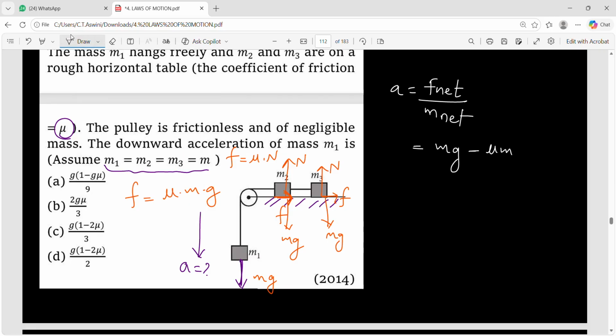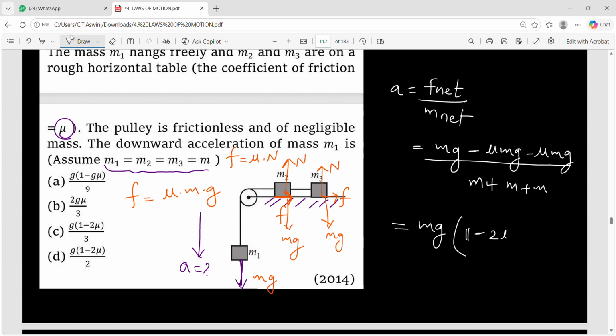So it will be mg minus mu into m into g minus mu into m into g divided by m1 plus m2 plus m3. So mg is common, take it out. Then you'll get 1 minus mu, so it will be minus 2 mu by this is 3m. M cancel.